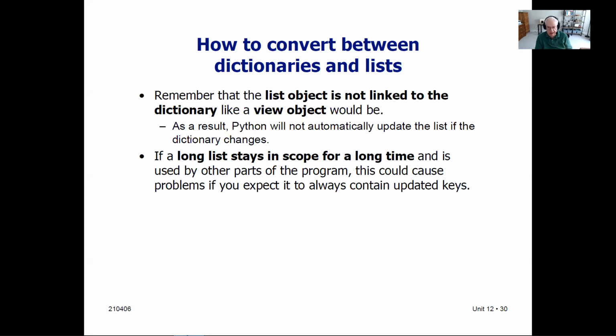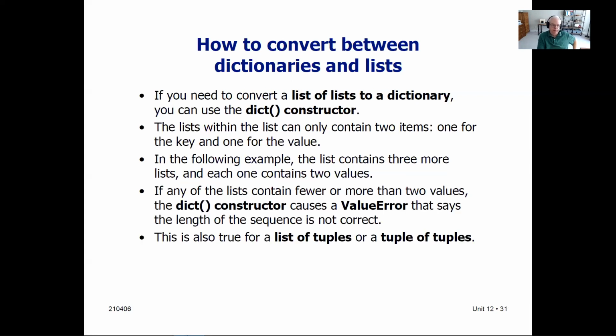We'll be sure to make any changes to the data in the dictionary so that it is directly linked to the view object. That makes more sense when you start writing programs, I realize, but I'm just telling you to remember the list is not linked to the view object. It's a one-time deal when you create the list.